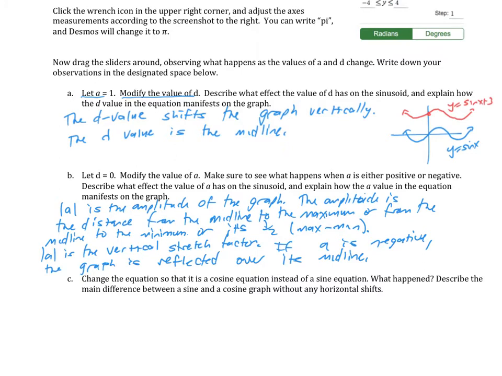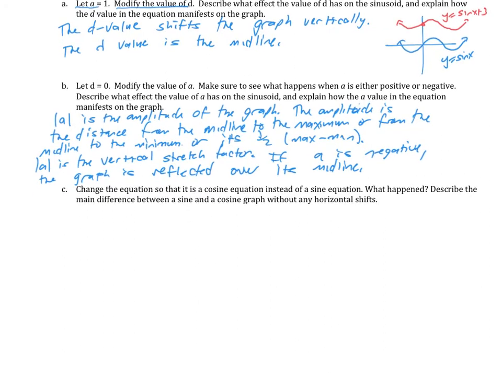All right, and then the last one said, change the equation so that it is a cosine equation instead of a sine equation. Oh, you know what? Before I go on, let me just make a little sketch and explain what the amplitude is. So if we have, let's say, a sine function, something like this, and this was the midline, then the amplitude is the distance from the midline to the maximum.